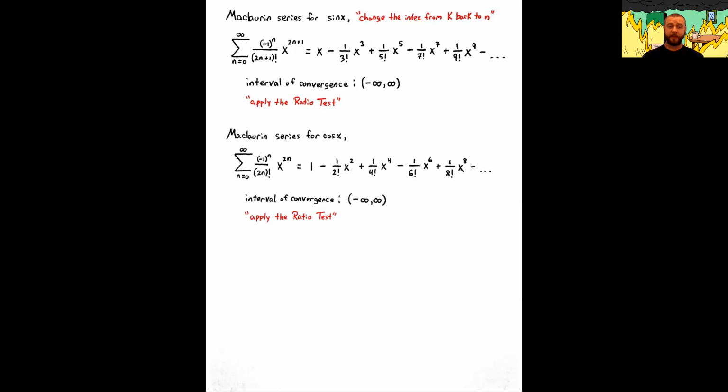You can find this Maclaurin series for cosine of x. Now, what we're left with is only the even indexed terms for cosine. And recall, an even number was of the form 2 times an integer. So this is the Maclaurin series for cosine of x. It also has an interval of convergence from -∞ to infinity, which you get by applying the ratio test.